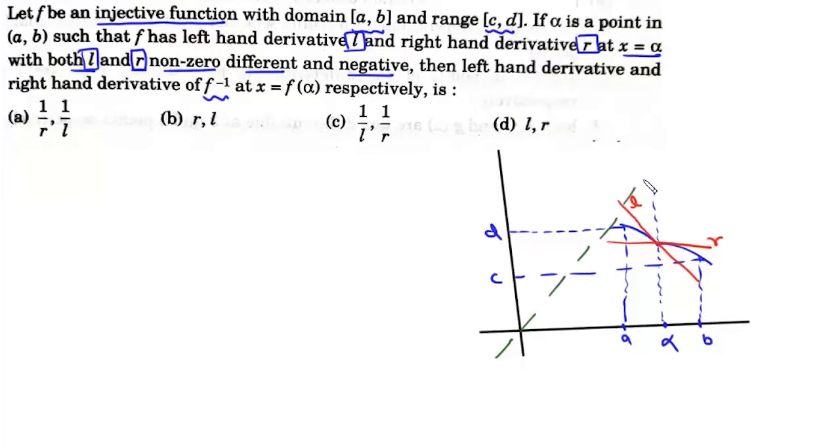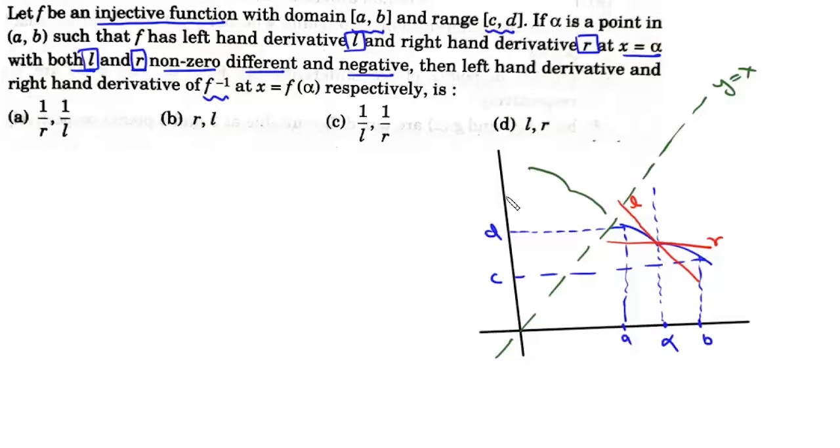So if we draw this y equals x line and take reflection of this function about it, then this part will be drawn like this and this part will be drawn like that.